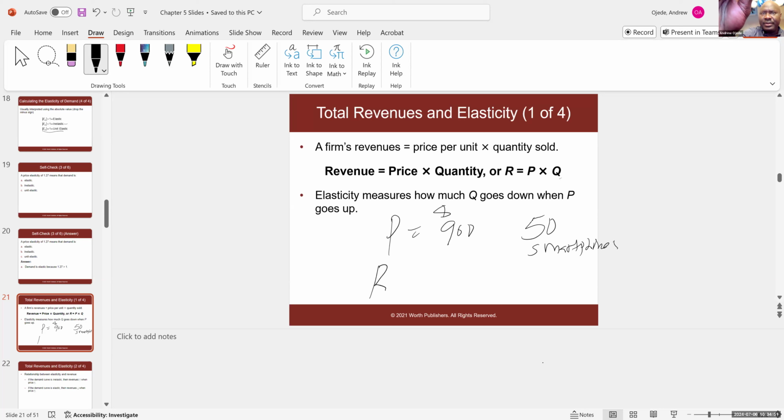Then your revenue is a product of price and quantity, P times Q, which in this case is $900 times 50, that's 9,000 times 5. That is $45,000. There you go. So the formula for revenue is pretty straightforward. You multiply the per unit price times the total number of units that are produced and sold.